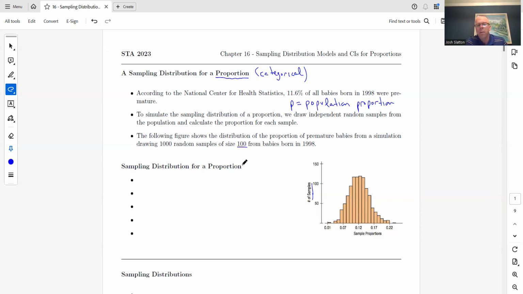If we look at this histogram, we can still describe it using terminology that we're familiar with. It is symmetric. It is unimodal. It is centered, as you might expect, at the mean, and the mean in this case is P, which is 0.116. And so you might think it's 12.